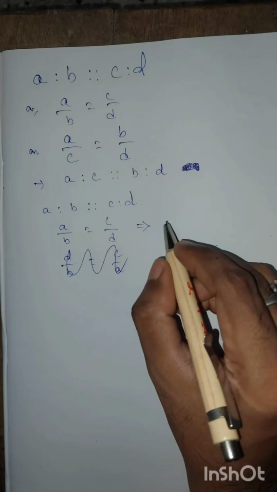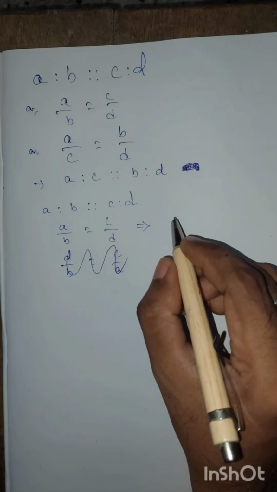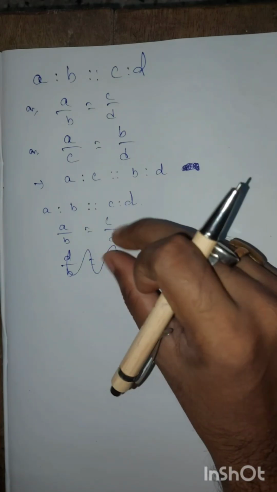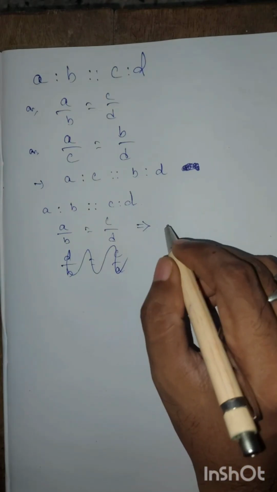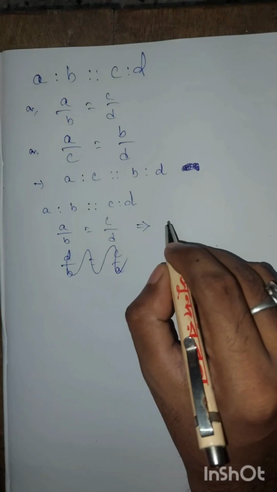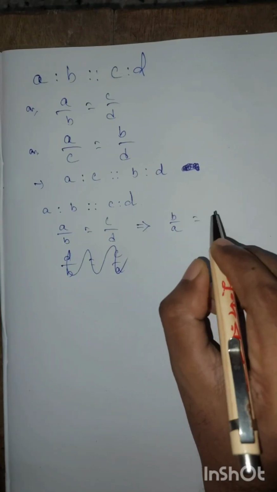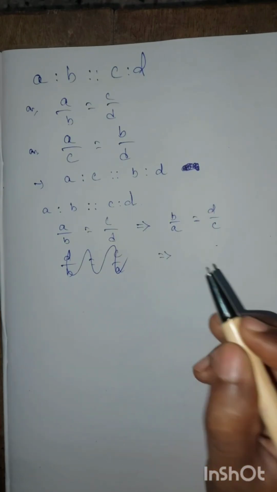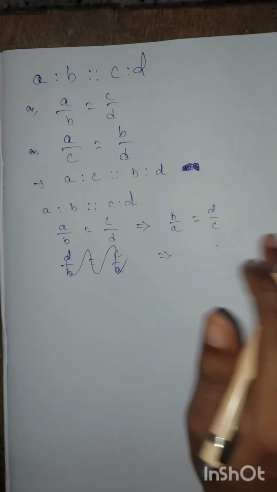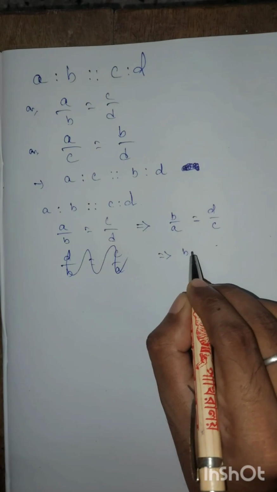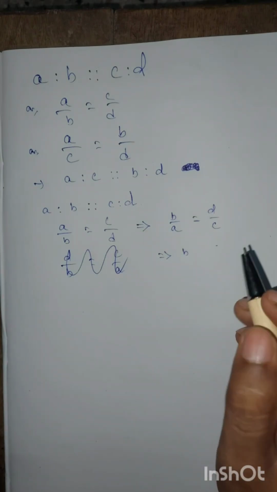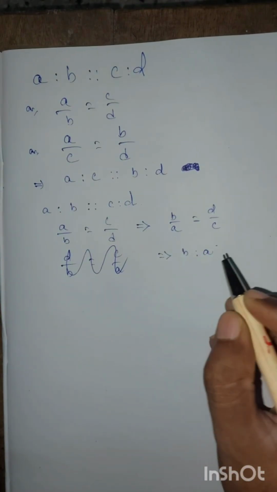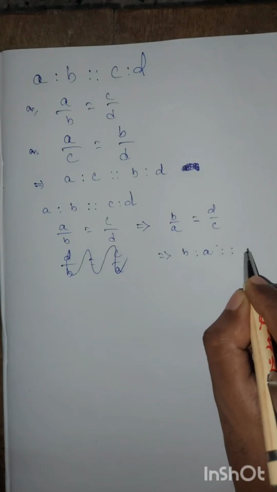If we shuffle the ratios, we are getting, so this means b is to a as d is to c.